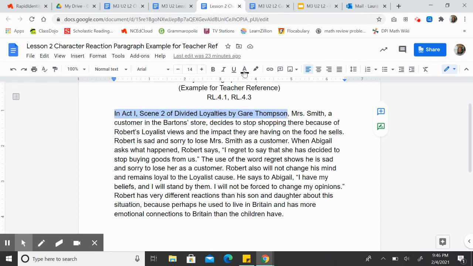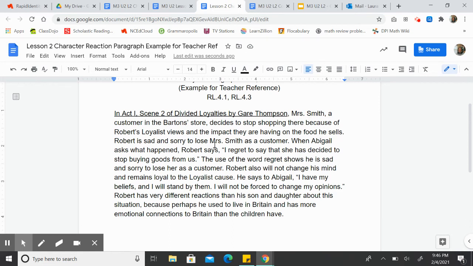So I introduced the text, the act and scene, and the author. Okay. Mrs. Smith, a customer of the Barton store, decides to stop shopping there because of Robert's loyalist views and the impact they are having on the food he sells. Okay, so there's my gist. There's what happened in the scene.